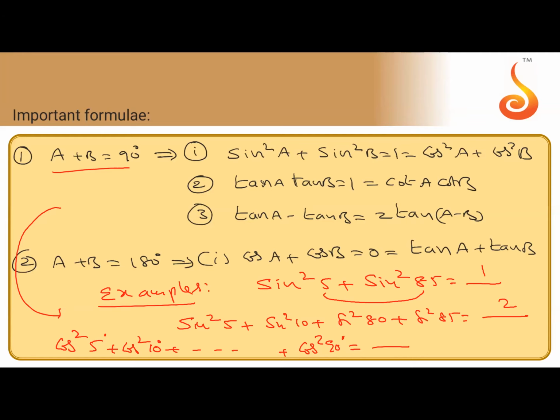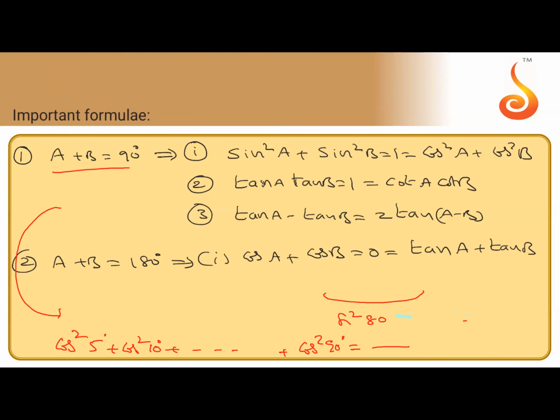Okay, now here, sorry. Suppose they are asking cos square 5 plus cos square 10 and so on up to cos square 90. Wait, we'll solve it. Because you have to take combinations. What are the combinations? We take 5 and 85 as one combination, 10 and 80 next, 15 and 75, 20 and 70, because the sum of angles is 90.